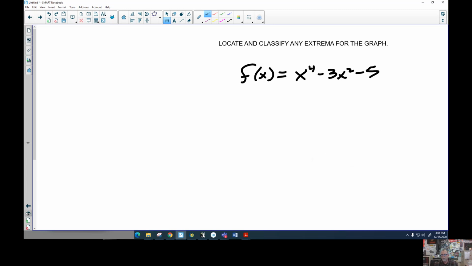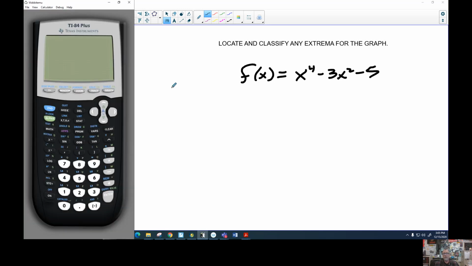The last type of problem could be something like this. And what do we do for this? Well, what we have to do for this is pull up our graphing calculator. All right. And what we're going to do is go to y equals, and we're going to put in our function. Our function is x raised to the 4th minus 3x squared minus 5.